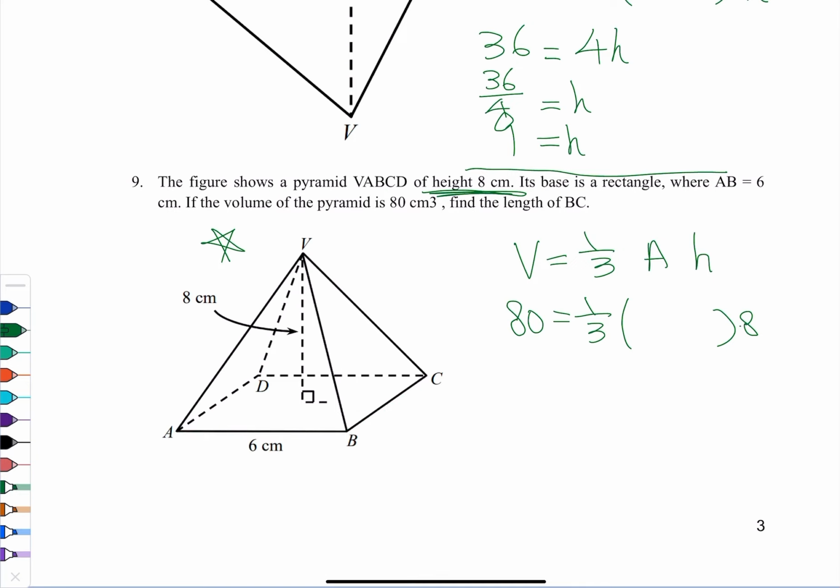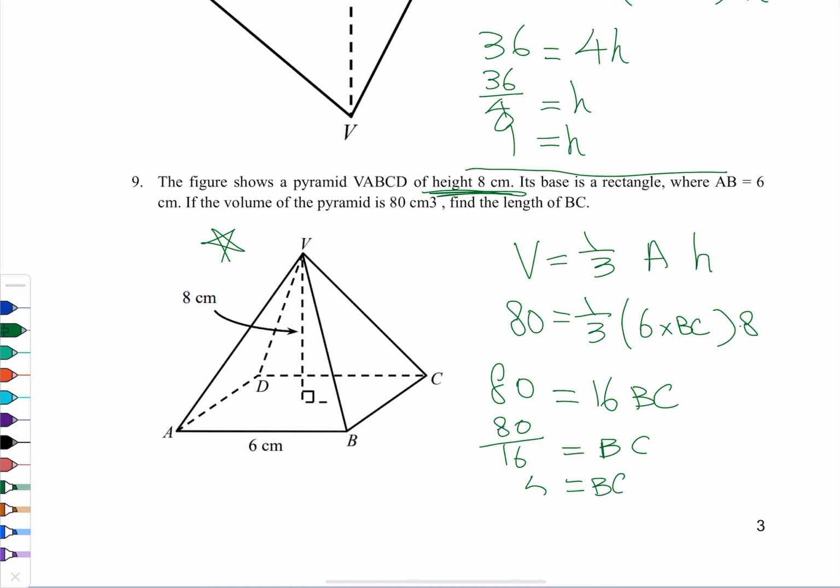So we click that, 6 times BC. We don't know BC yet, so just write it as BC. And then all the numbers multiplied together, 1/3 times 6 times 8, you can get that as 16. So 16 BC, and then 80. 16 comes here, you will get the answer as, click it, which will be 5. So you write BC is 5 cm.